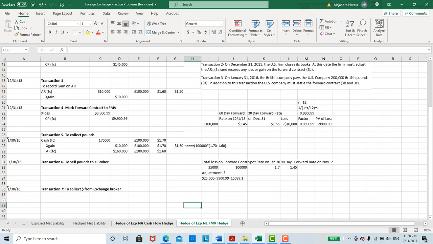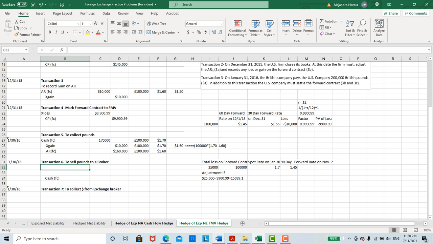Okay, now we come down here, and this transaction is where we have to sell the pounds to the exchange broker. These last two transactions kind of go together. So we've got $100,000 worth of pounds. We're going to sell those to the exchange broker, and so we're going to have a credit to cash, which is foreign currency, and we're going to debit the contract payable.